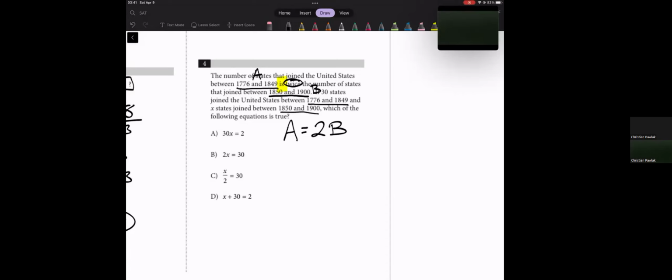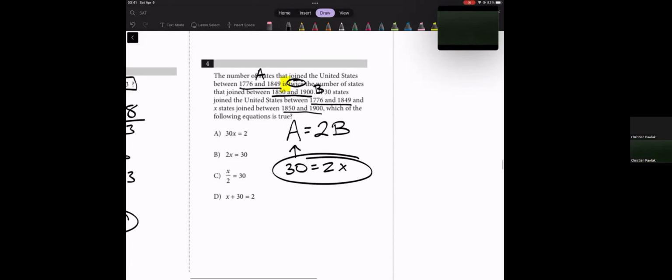Then it says if 30 states join the United States, so if 30 is the value of A, so 30 is equal to 2 times B, then which of the following equations is true if X is the number of states in for part B? So we're actually going to change the B to an X. So we're looking for which equation is the same thing as 30 equals 2X. That would be B. You can see kind of how I broke it down. I made my own variables and then I used their values to plug it in to make sense out of this.